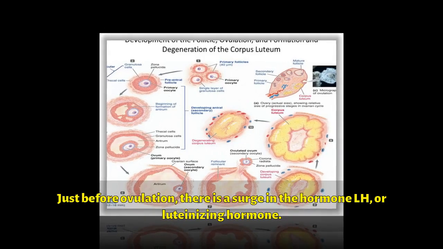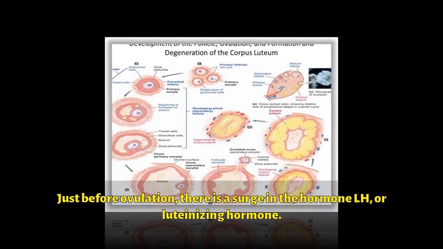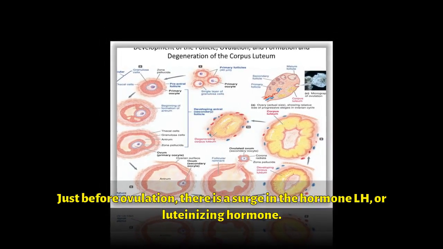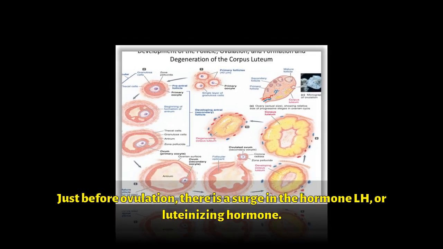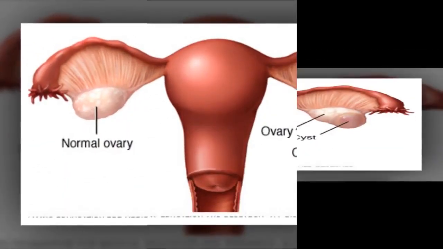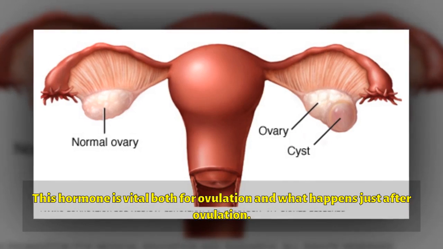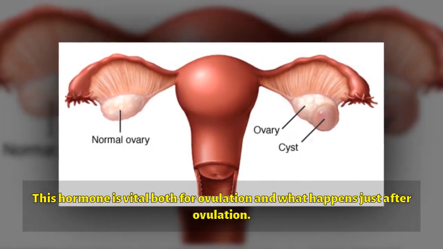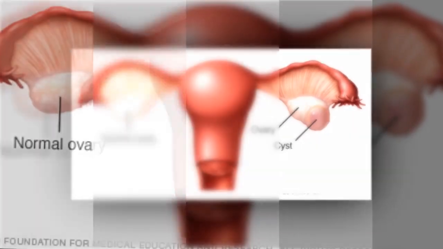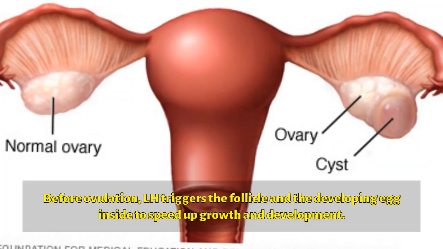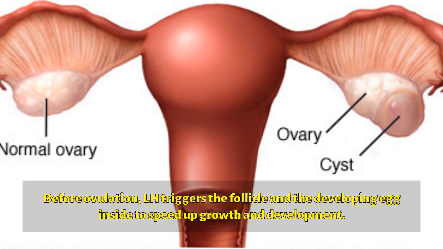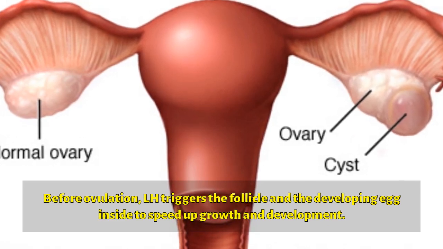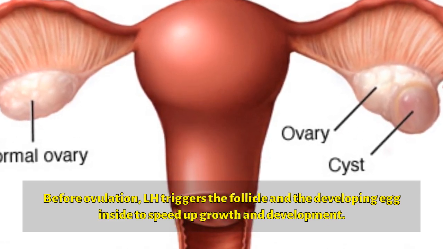Just before ovulation, there is a surge in the hormone LH, or luteinizing hormone. This hormone is vital both for ovulation and what happens just after ovulation. Before ovulation, LH triggers the follicle and the developing egg inside to speed up growth and development.